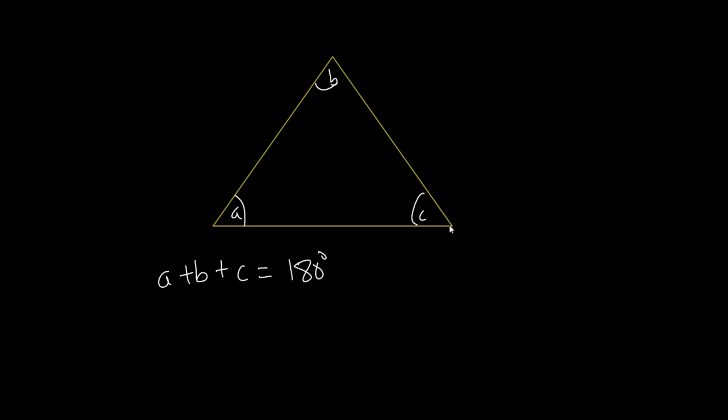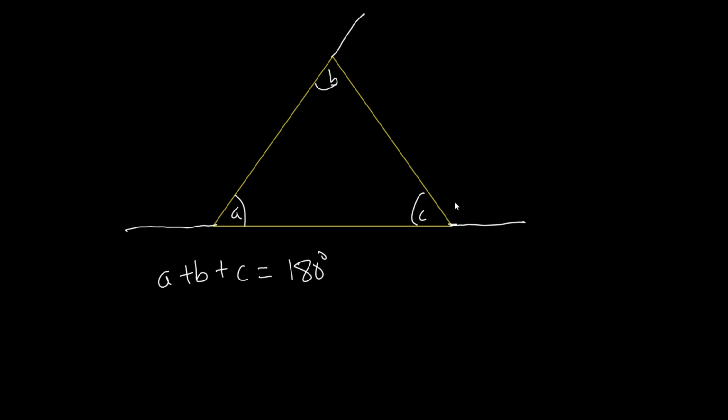So bear in mind the sum of interior angles of any triangle is equal to 180 degrees. Now when you say interior, you are referring to the angles inside or within the triangle. But what if I extend this line, and then I also extend this one and this one? Now over here I have an angle up here because the lines are meeting here, and therefore an angle is created here, same as this one and this one.